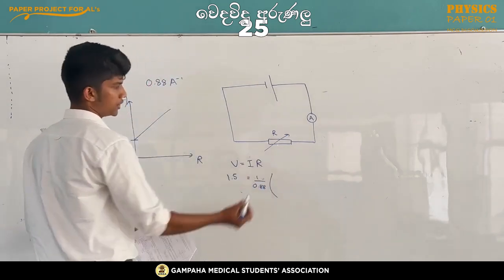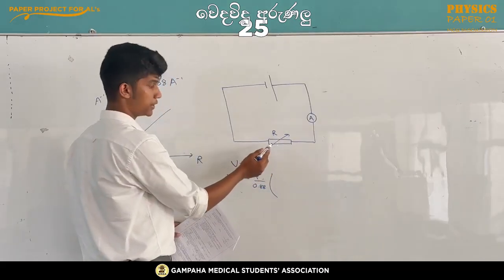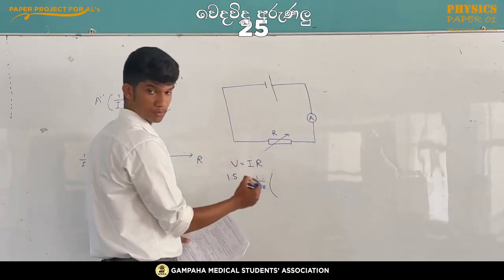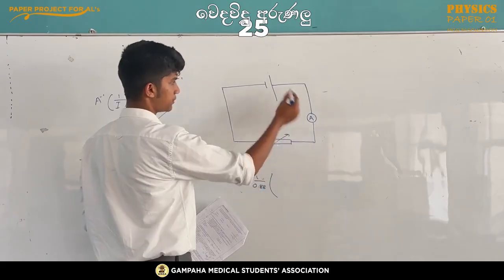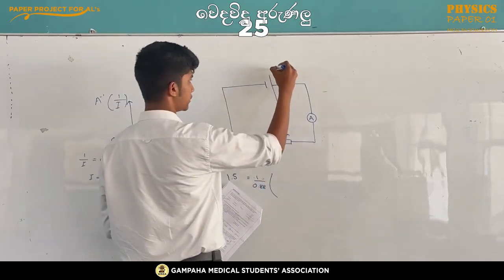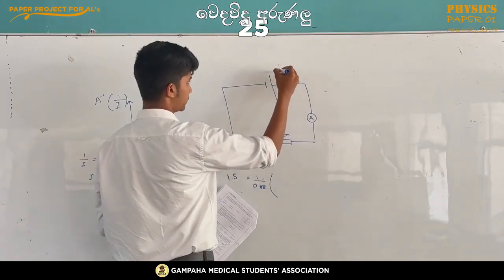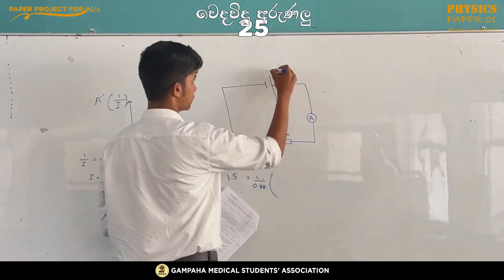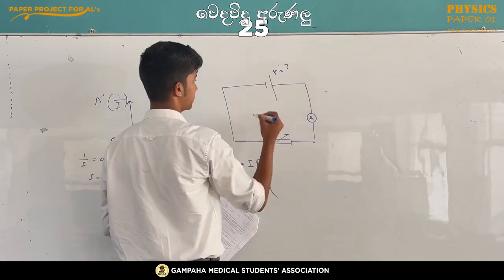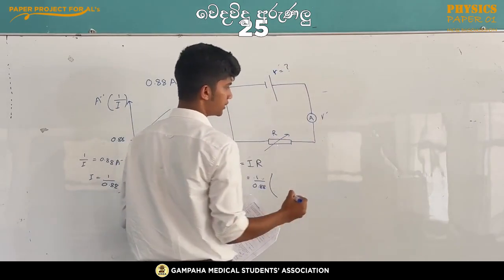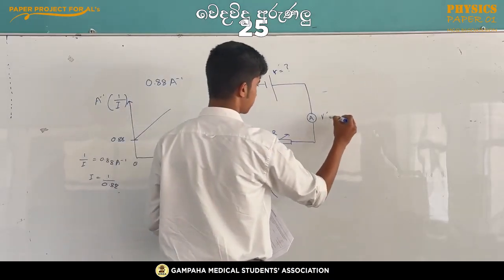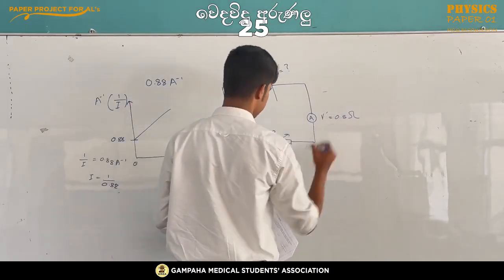Since the variable resistance of the resistor is 0, the only resistors present in this circuit are the internal resistance of the cell, which is what we are trying to find, I'll use a simple R, and then R dash, the internal resistance of the ammeter, which is 0.5 ohms.